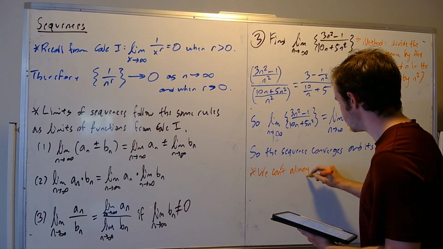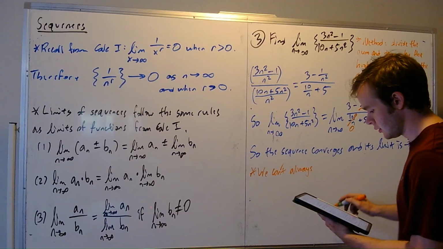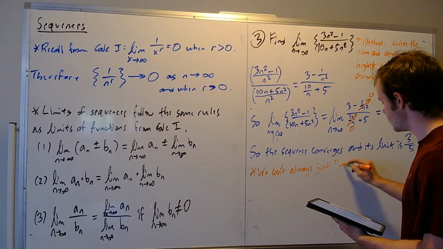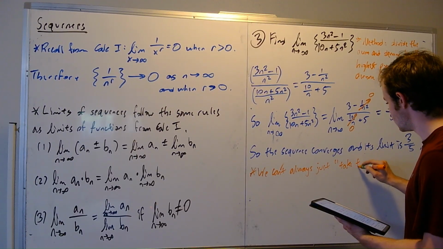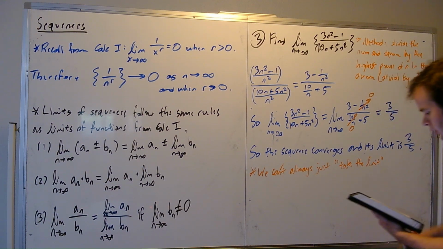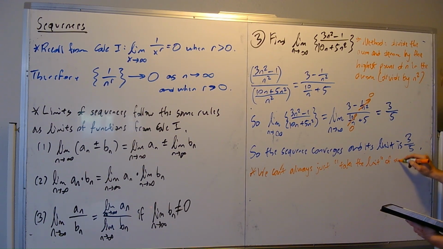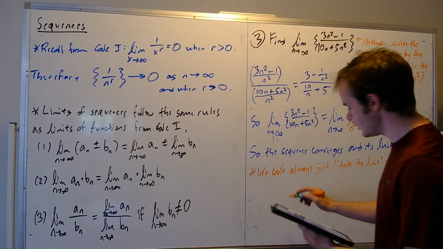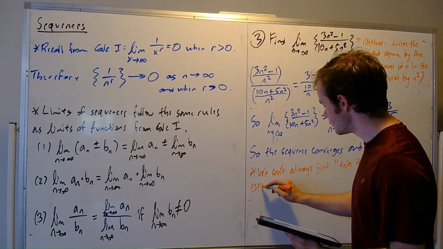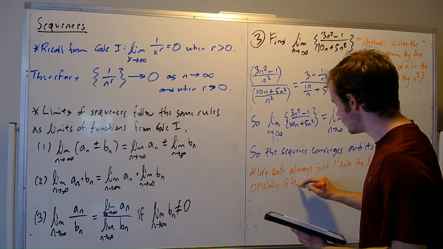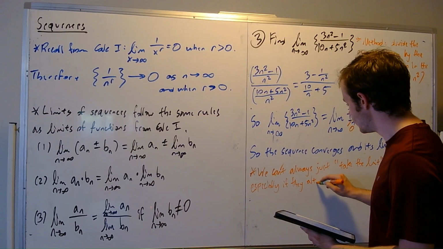Okay. But what I'll say here is we can't always just take the limit of our sequences, especially if they alternate.